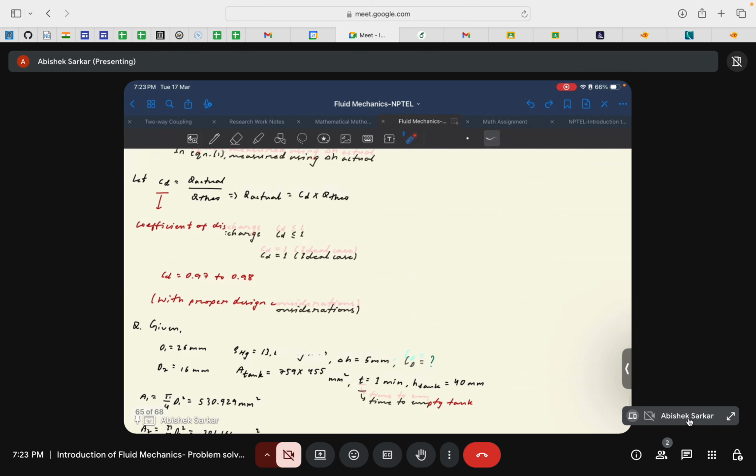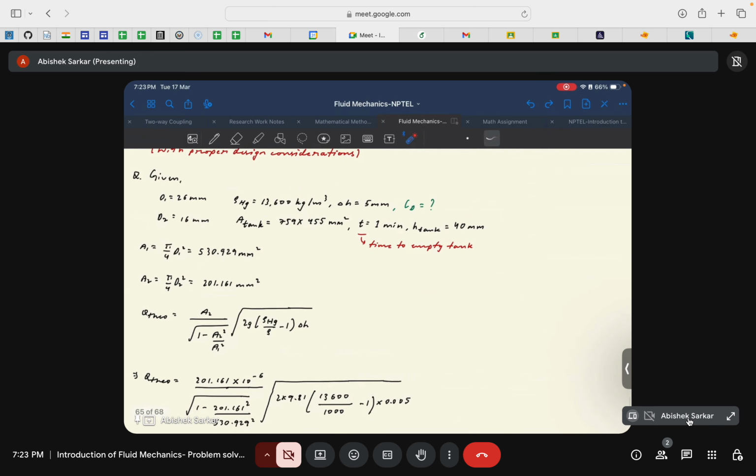So let us take an example. We have the diameter of the pipe to be 26 millimeter and the diameter of the throat to be 16 millimeter. The fluid that we have used in the manometer is mercury, so the density is 13,600 kg per meter cube, and the deflection in the manometer is found out to be 5 millimeter.